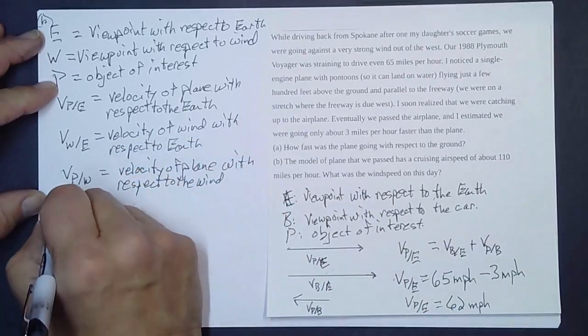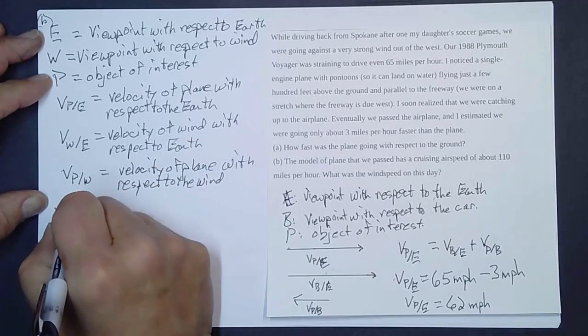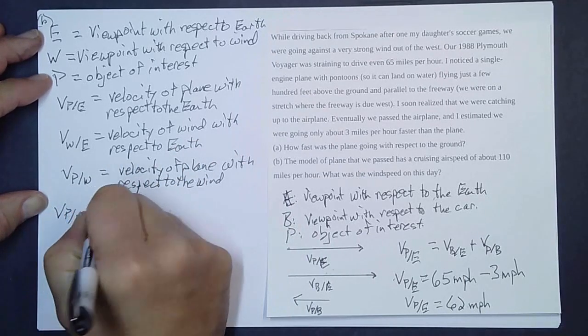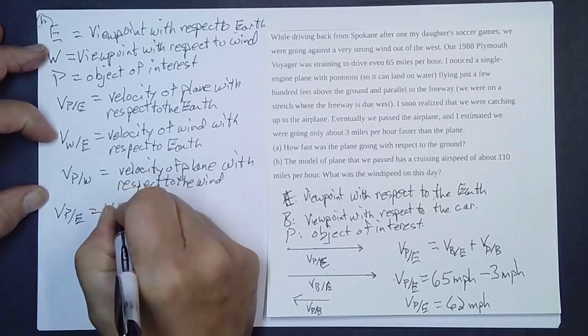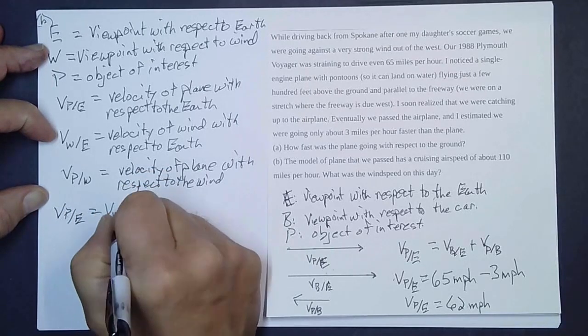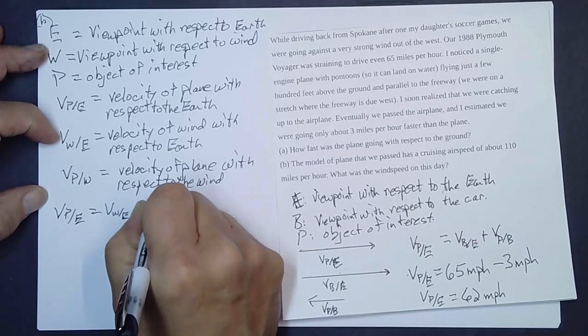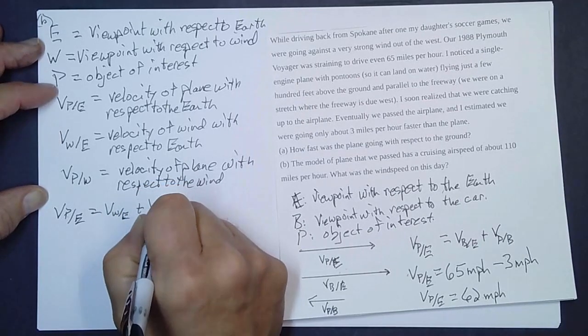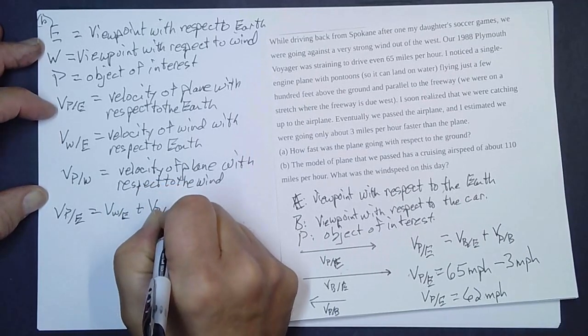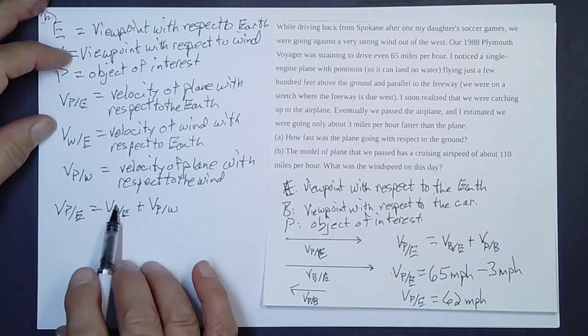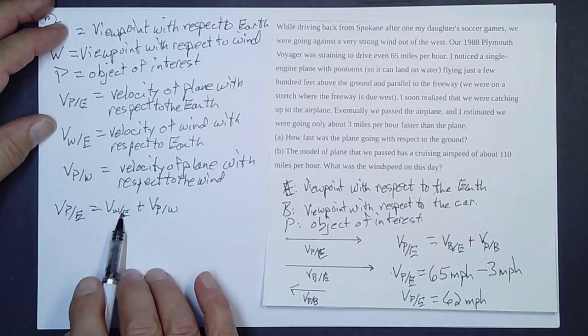The velocity of the plane with respect to the Earth, this is the way these things get set up, will equal the velocity of the wind with respect to the Earth plus the velocity of the plane with respect to the wind. But we want the velocity of the wind with respect to the Earth here.